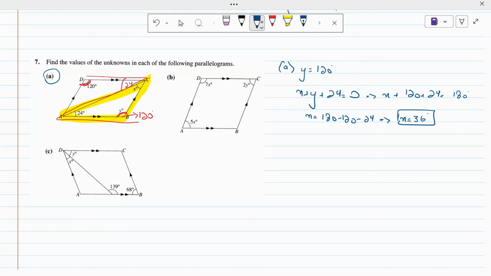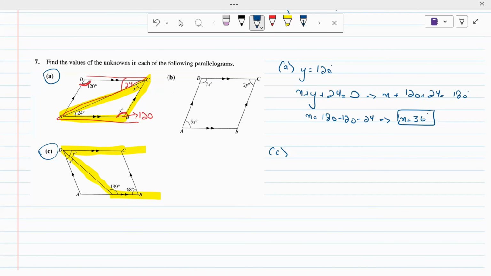Now let's move on to part C. Okay, in part C, the very first thing we can do, because of the parallel sides, is see the interior angles, the letter C. For letter C, we know that the interior angles sum up to 180 degrees.